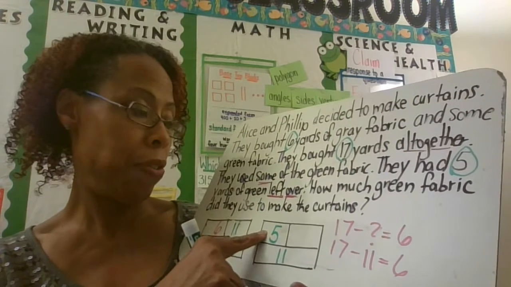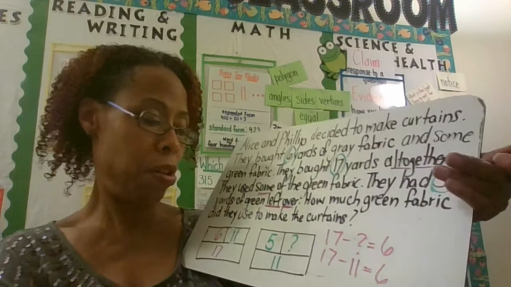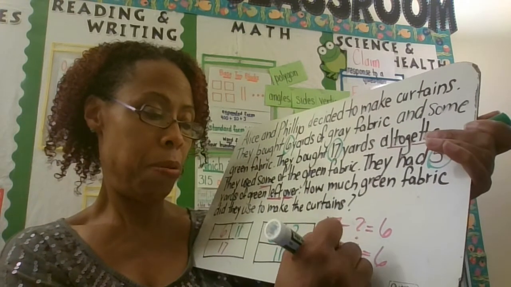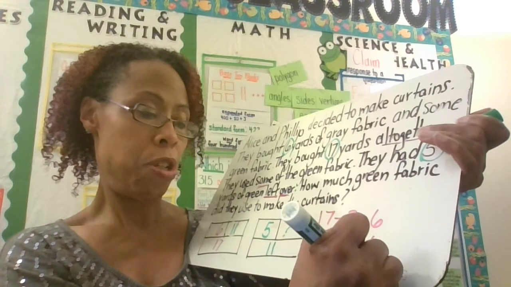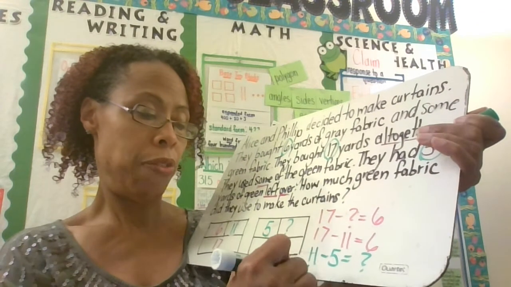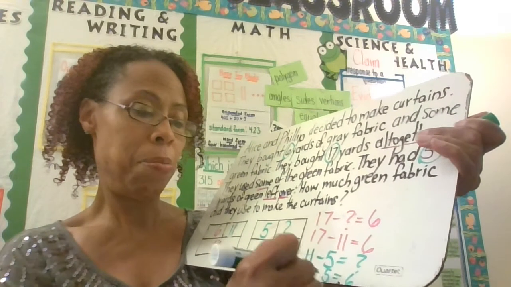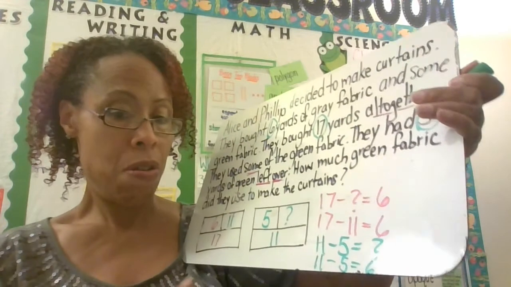This is what was left over. And then we want to know how much green fabric they used to make the curtains. So we can say 11 minus 5 equals question mark. 11 minus 5 equals 6. We know that 10 minus 5 is 5, so 11 minus 5 is 6.